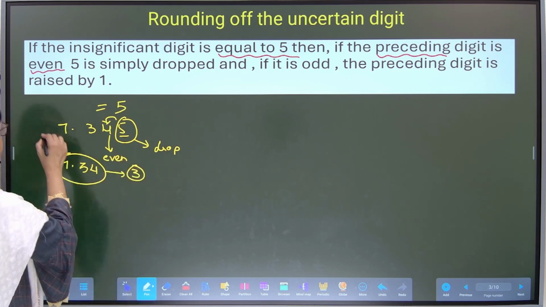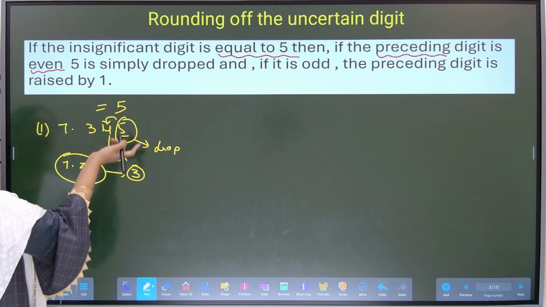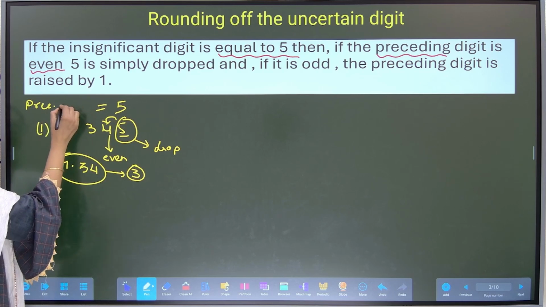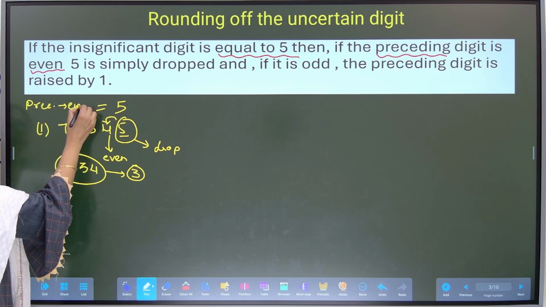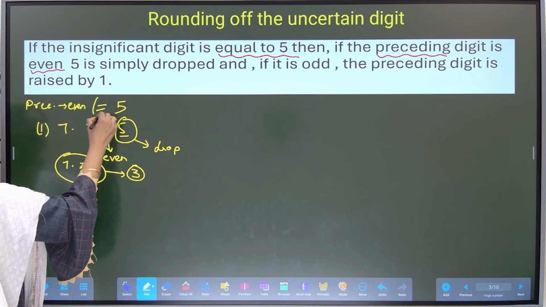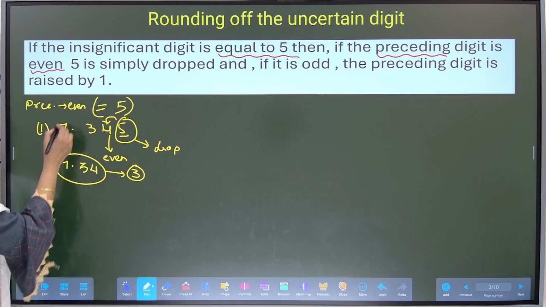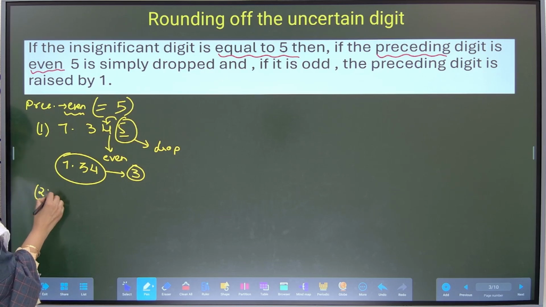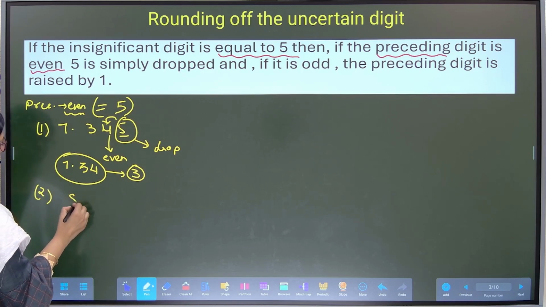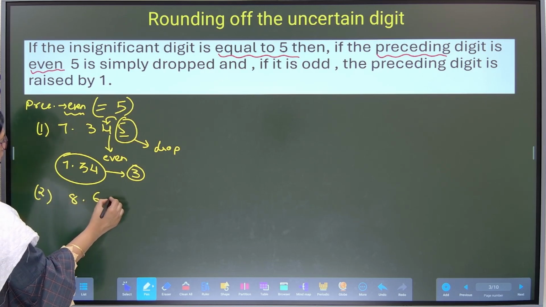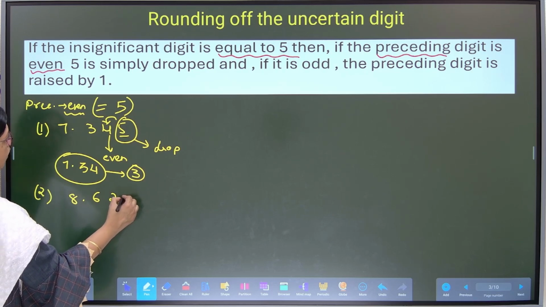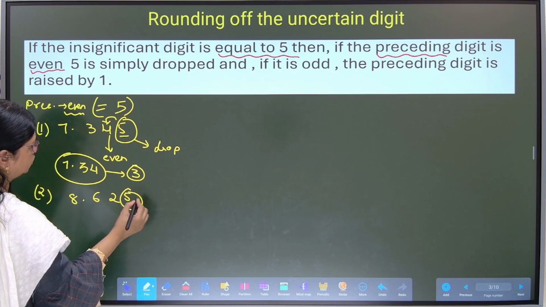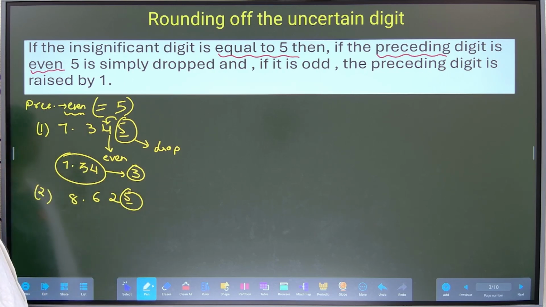Fine. One more example. This is the example where the preceding digit is even and the underlined digit is equal to 5. So this is even. We'll go that side when it is odd. One more example. 8.625. The digit which is to be dropped is equal to 5.